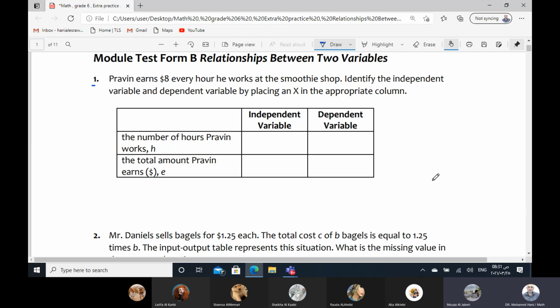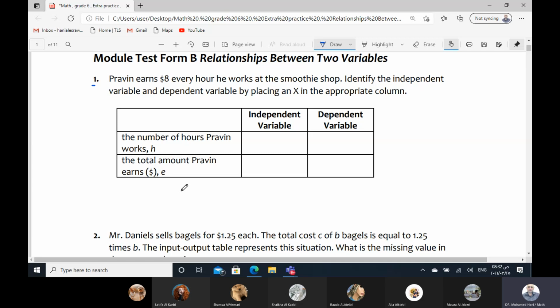Identify the independent variable and dependent variable by placing an X in the correct column. As you see here, we have the number of hours Kevin works, H, and here we have the total amount Kevin earns in dollars.